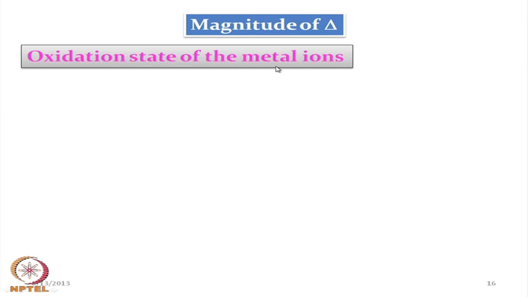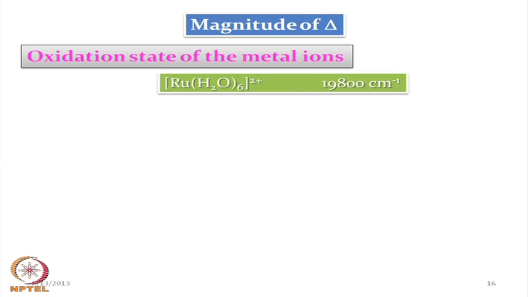So if the oxidation state changes, we can have different values for these, such as ruthenium in +2 oxidation state, where 6 water molecules are surrounding this particular ruthenium in octahedral geometry, and in inverse centimeter scale it will be 19,800.